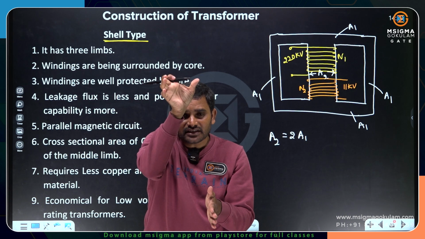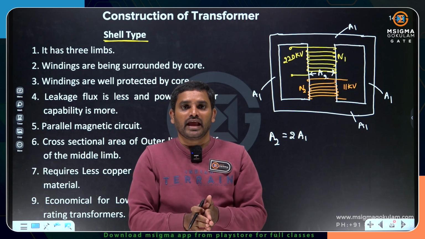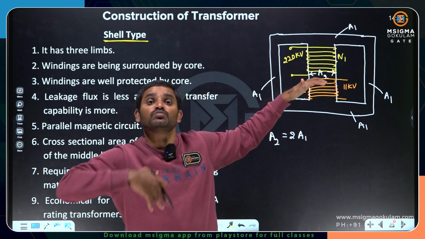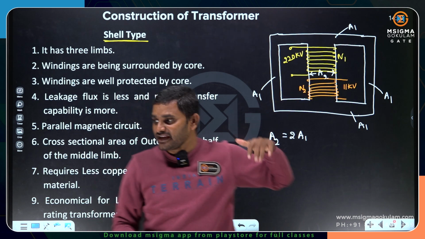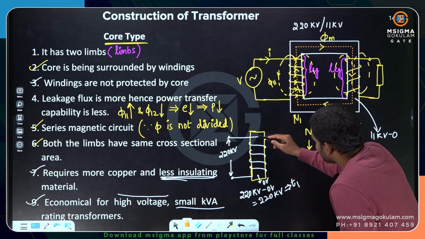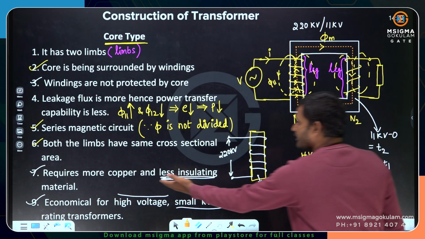You cannot use the complete leg for the whole winding. As you are not able to use the complete leg for the whole winding, you cannot place more amount of copper. In the previous case, more amount of copper can be placed. That's why he said requires more copper.